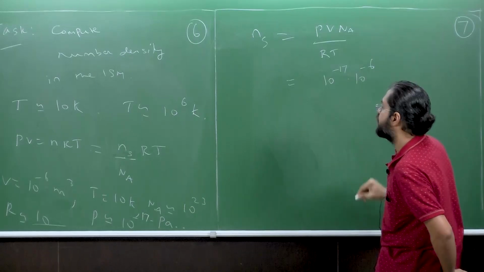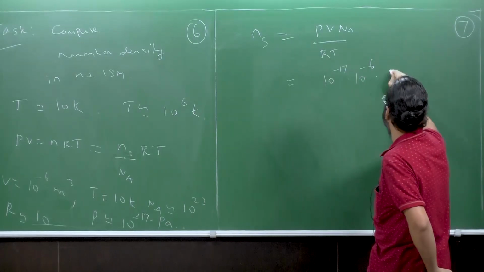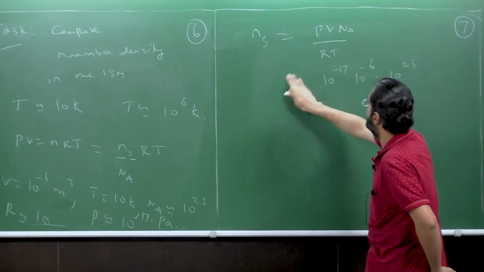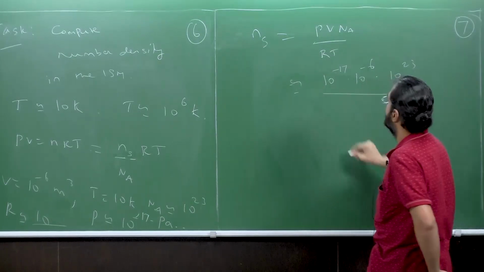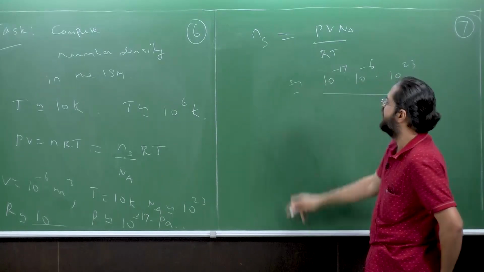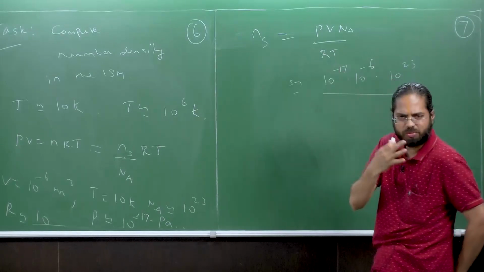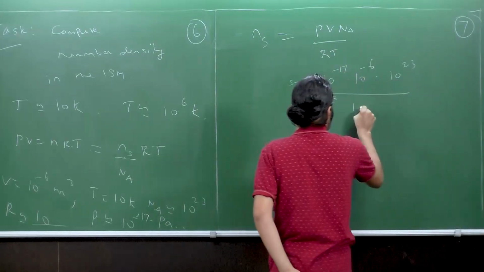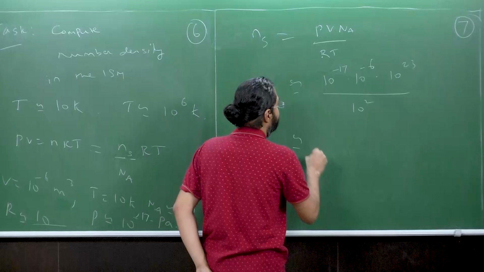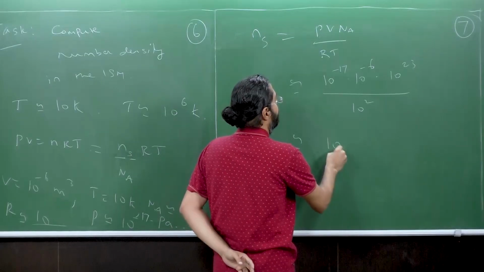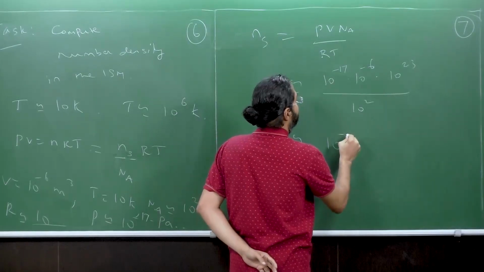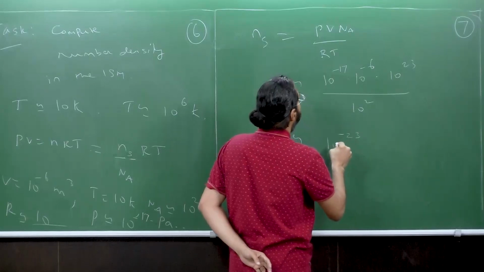The Avogadro number is of the order of 10 to the power 23. In the denominator, the temperature is 10 Kelvin, and R is also of the order of 10, so this is going to be 10 squared. Now, what is this number going to be?